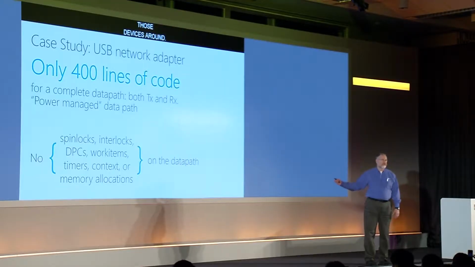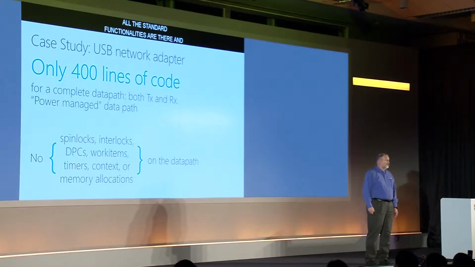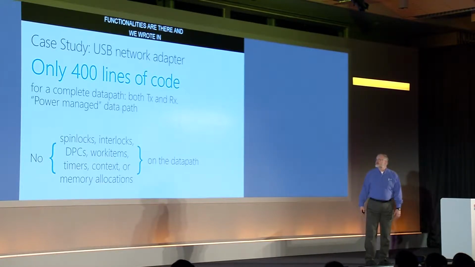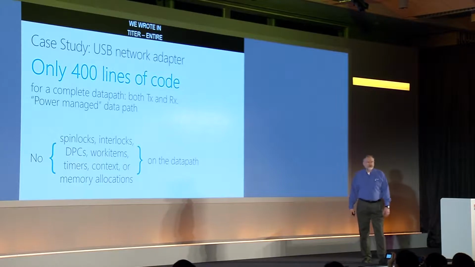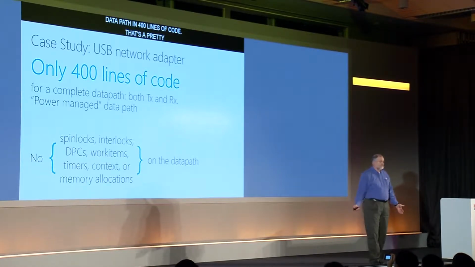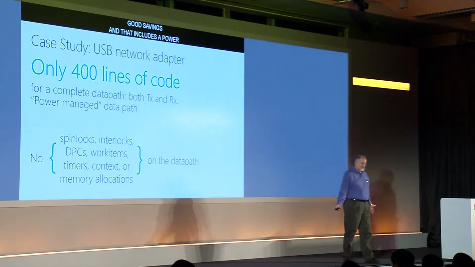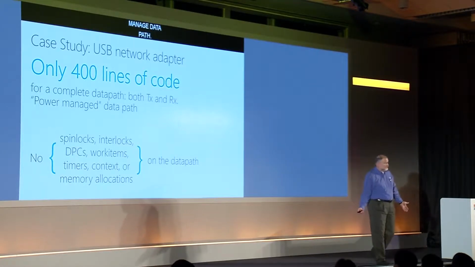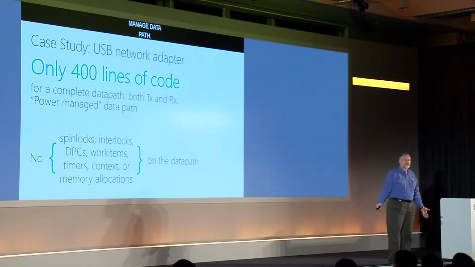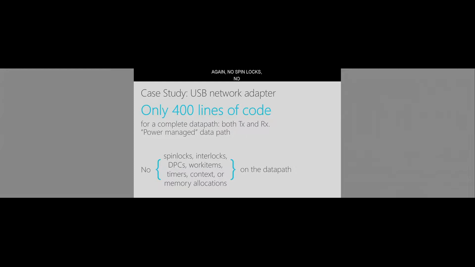And we rewrote the entire data path in 400 lines of code. Now, that's a pretty good savings. And that includes a power-managed data path. Again, no spin locks, no interlocks, no DPCs, no work items, timers, context, or memory allocations were required because the Windows driver framework takes care of all of that for us.